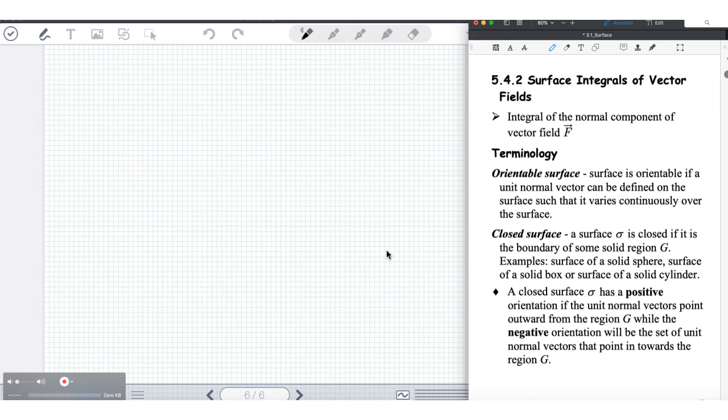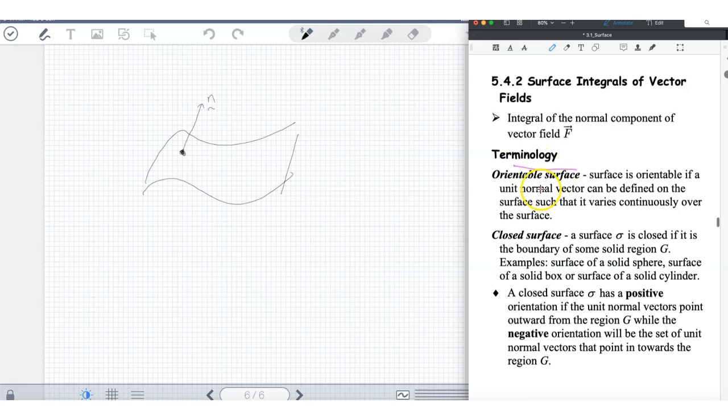The surface has positive orientation if the unit normal points outward, and negative if it points inward.